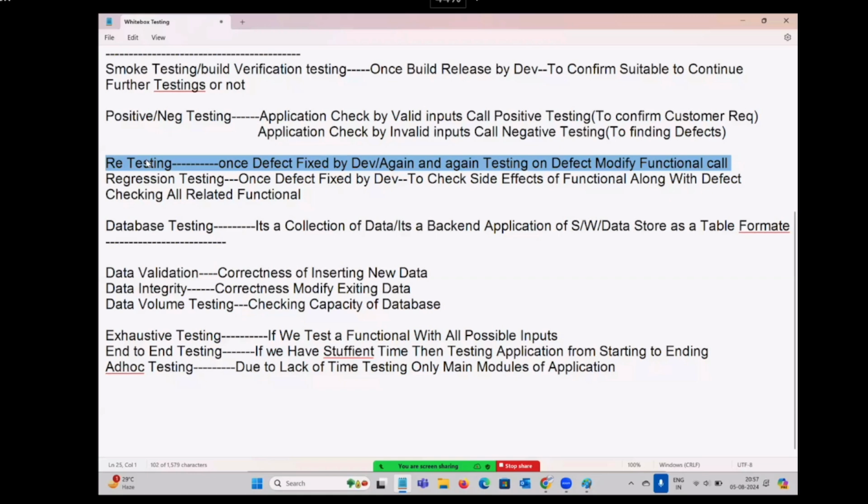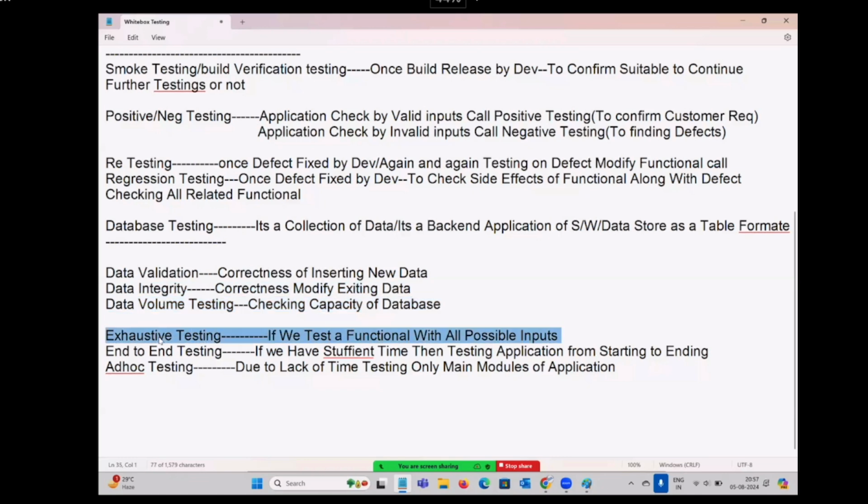In regression testing only we can ensure 100% quality. Next, database: collection of data, validation, correctness of new data and existing data modifications, checking capacity.